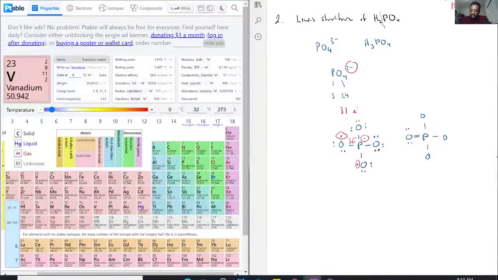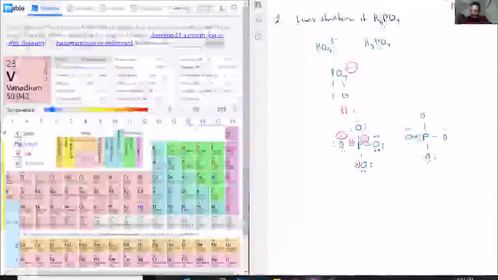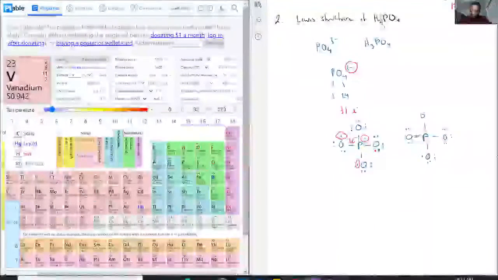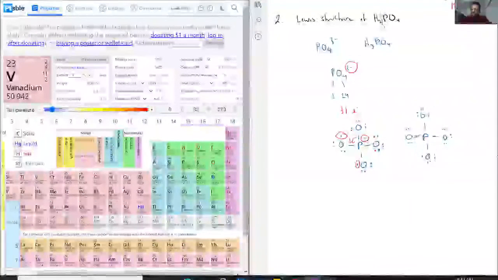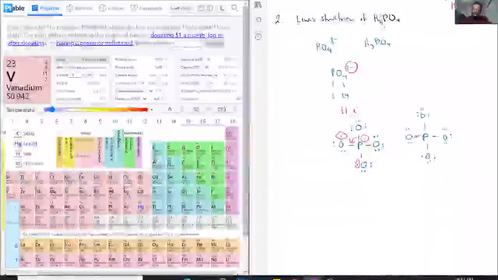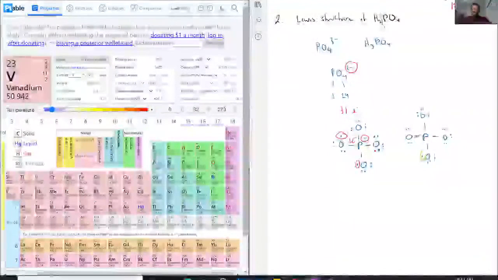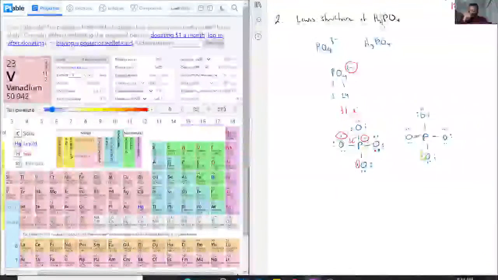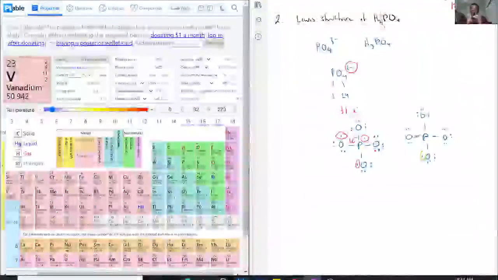Then we have the oxygen with this one lone pair. All right, and that is what we have currently. But then we still have this one unpaired electron, which is why PO4 2 minus, unfortunately, just doesn't work.